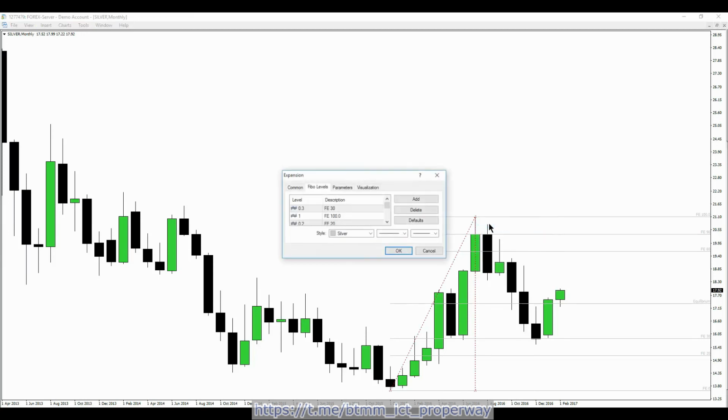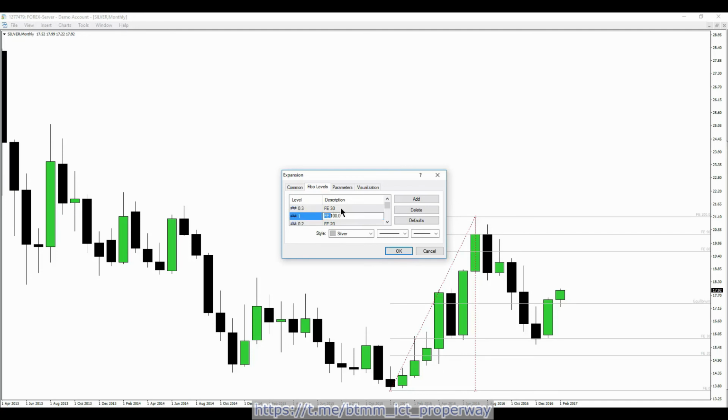Go into the expansion properties, and this is how they are. You have the 0.3 Fibonacci extension 30, the 1 level, which is going to be the 100 level.